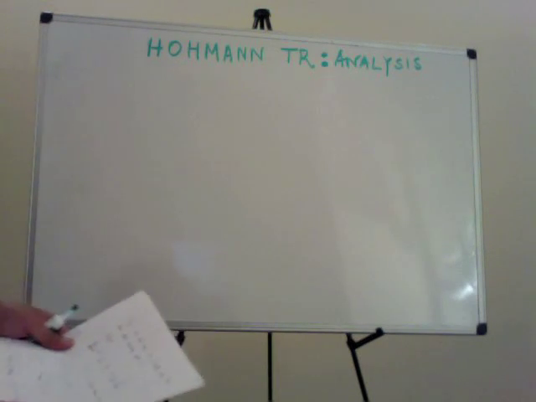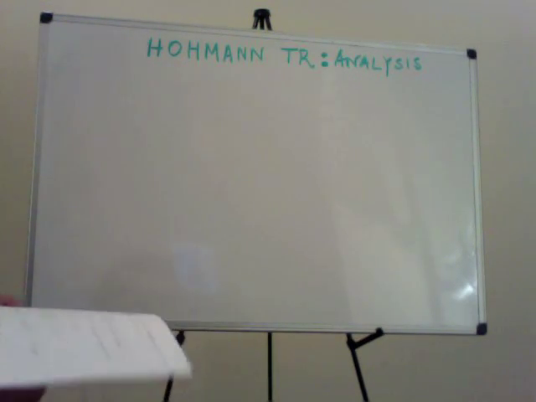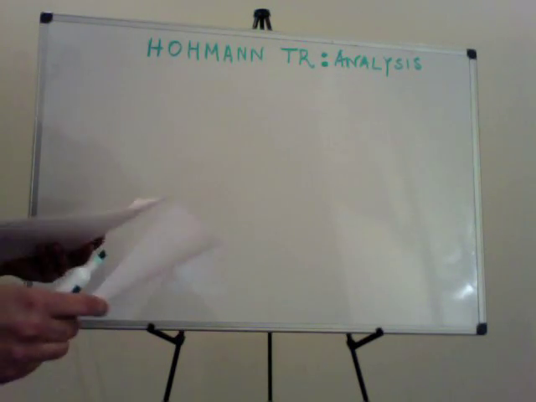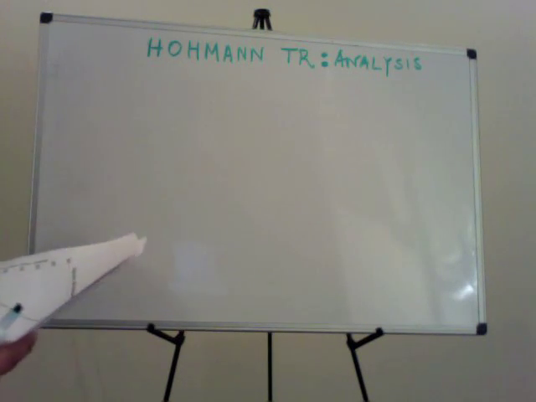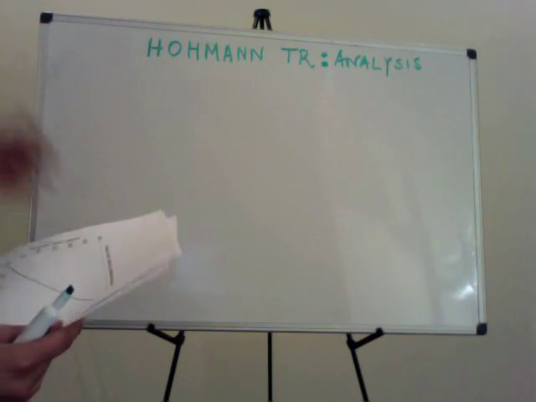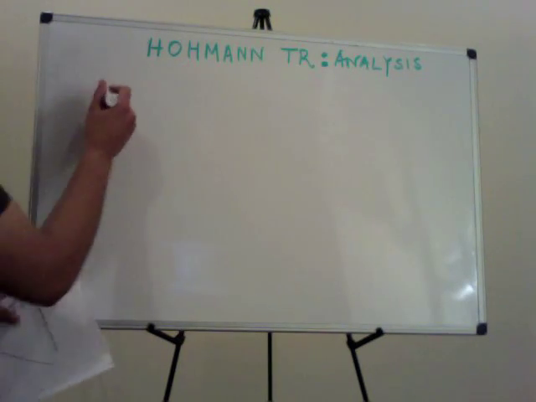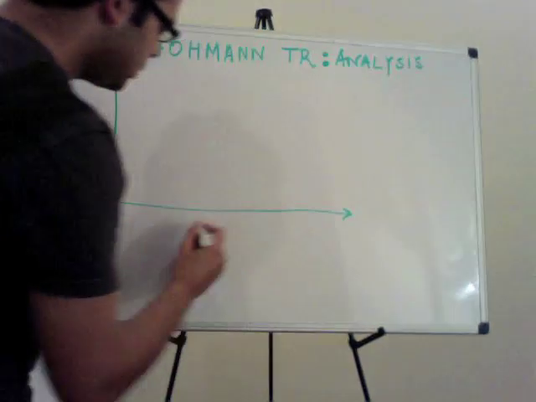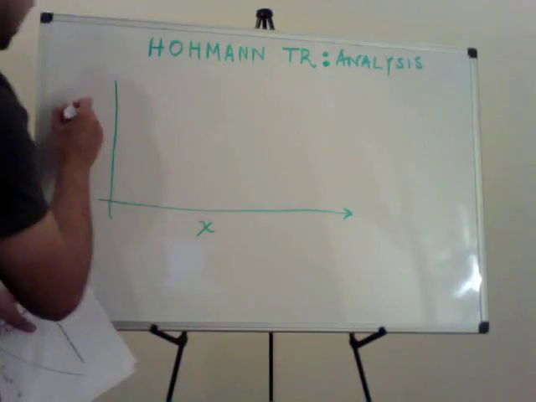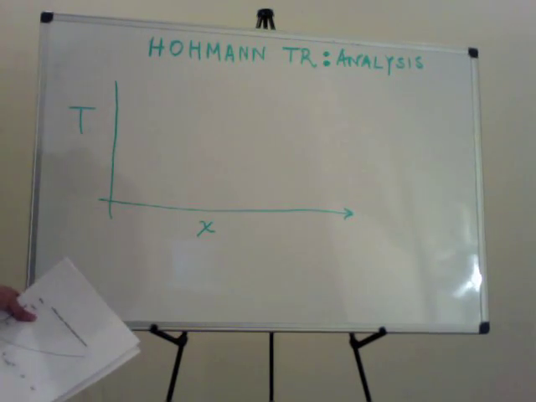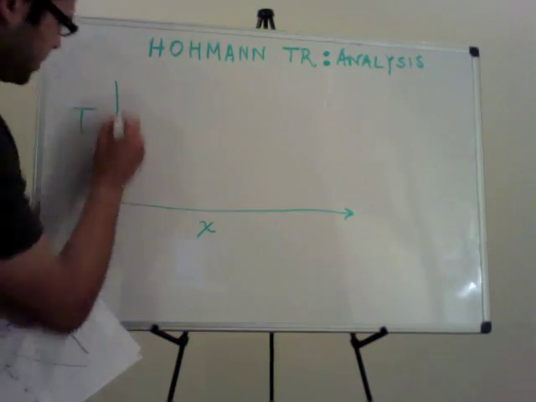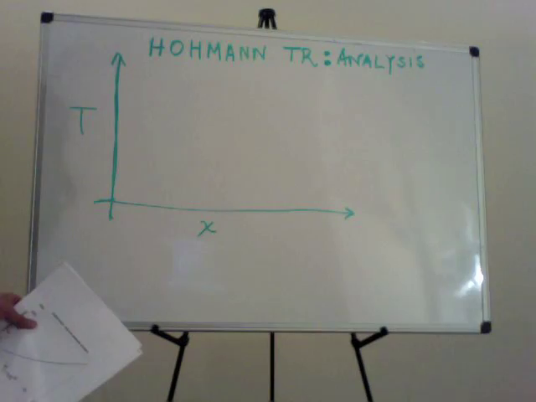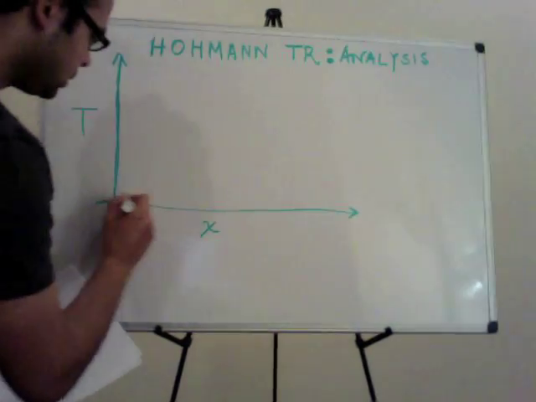The next plot is pretty straightforward, which is figure 3 in your notes. And it shows the transfer time for the Hohmann transfer as the ratio of the initial and final orbits increases. Okay, this is the transfer time, and this is an easy graph to plot.